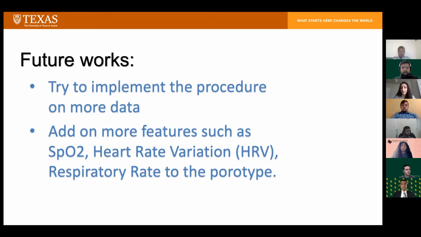PPG has a lot of functionalities and important features that we can use to gather information regarding vital signs. And as I said, it functions very similarly to an electrocardiogram, and it can be used to monitor the heart rate of patients when they are in the operating room under anesthesia, to constantly monitor their heart rate. So that's one implication of PPG technology.